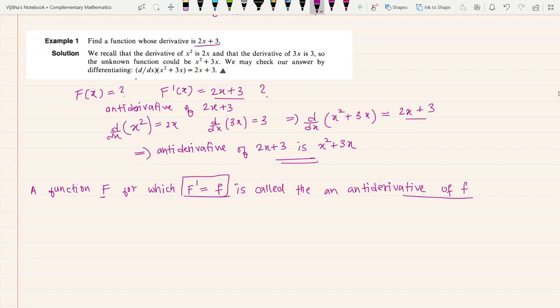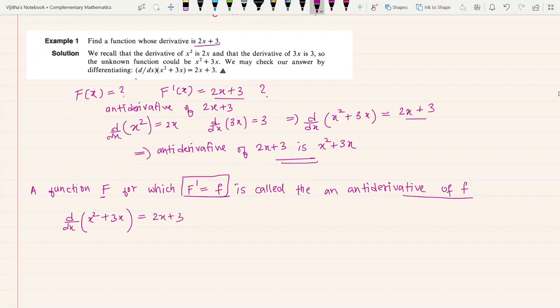Now we see that the antiderivative of a function small f is also not unique. For example, in the earlier example we got that d by dx of x square plus 3x is 2x plus 3.